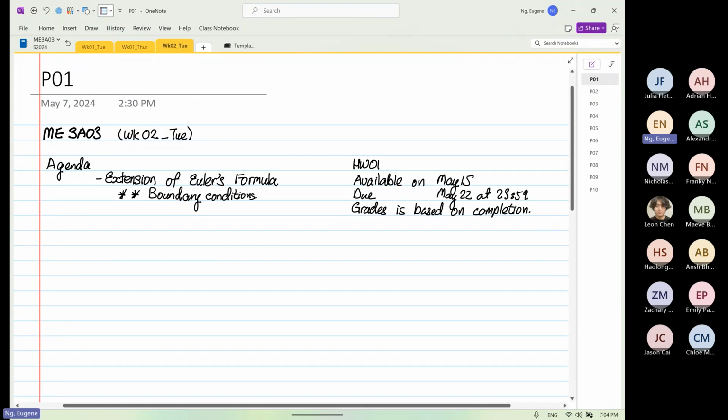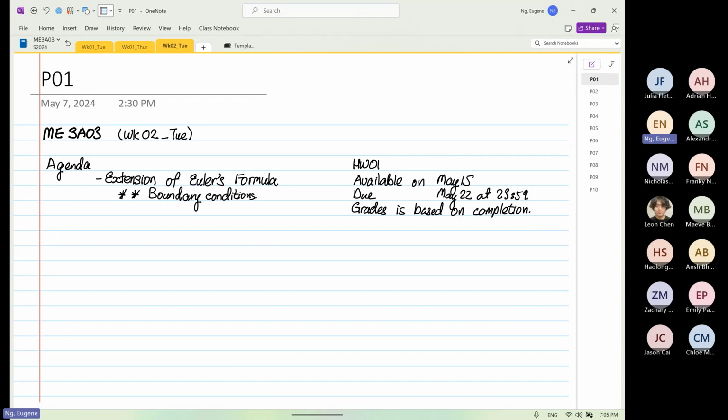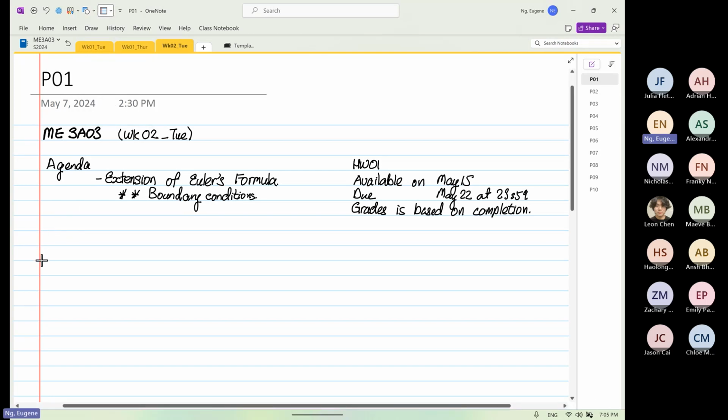It's important that you do the homework, and important that you know the examples from the lectures, because that is where the questions for the term test will be coming from. I'll write this down.